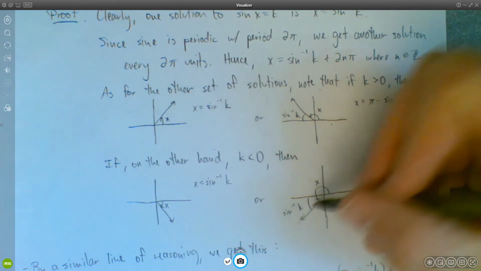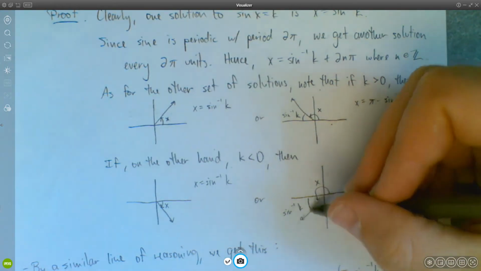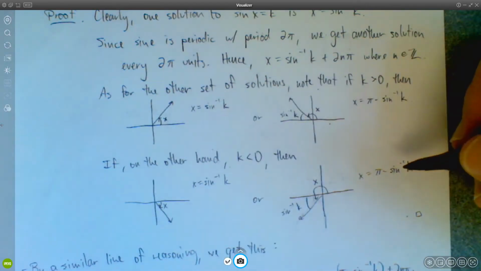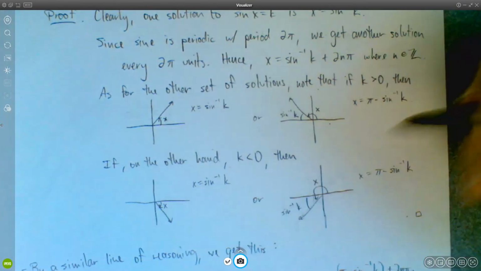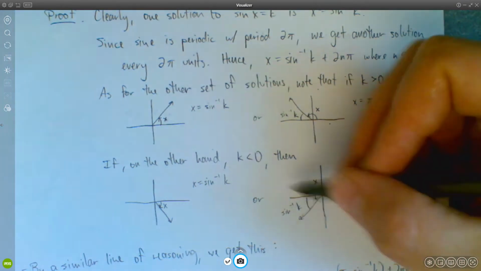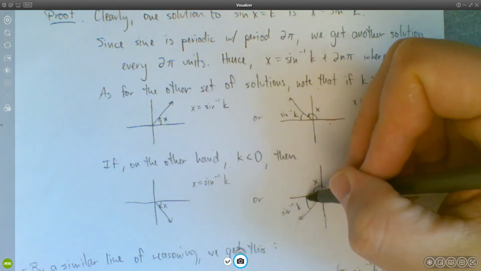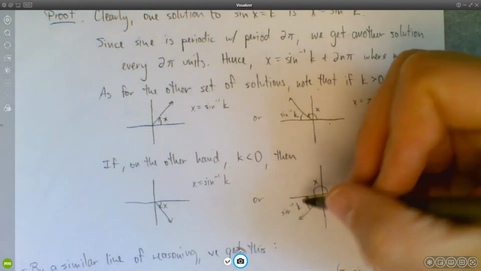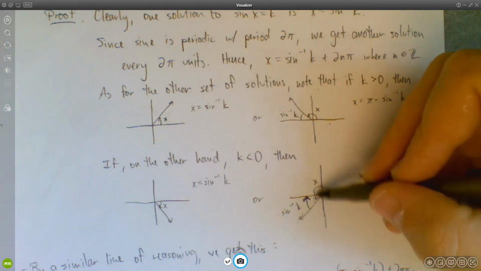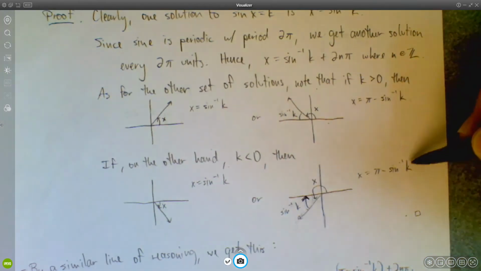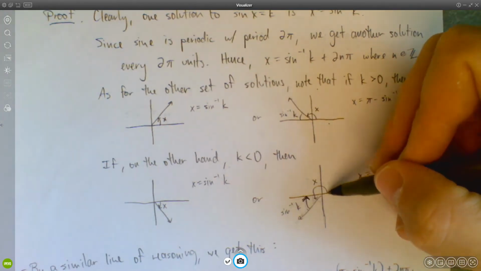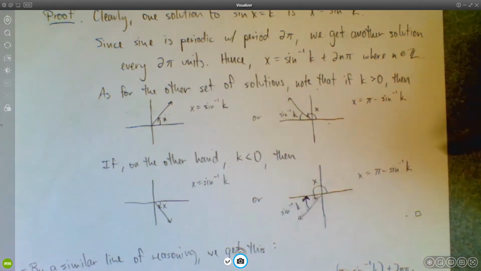The angle that you would be adding on has the same reference angle as sine inverse of k, so it would be going in this direction. So it's pi minus sine inverse of k.